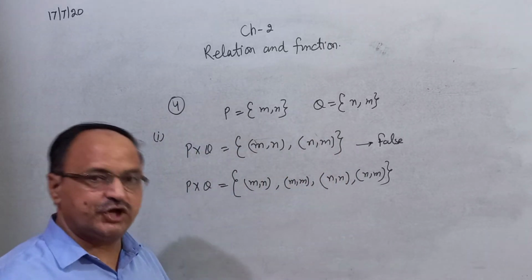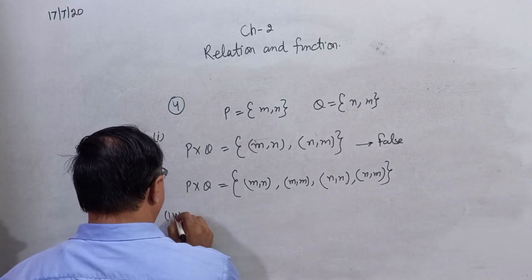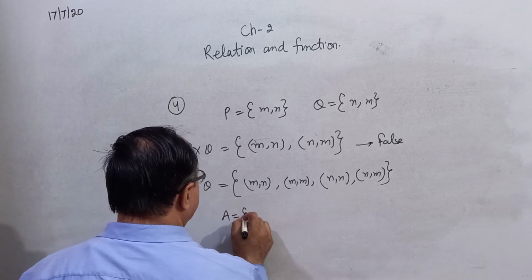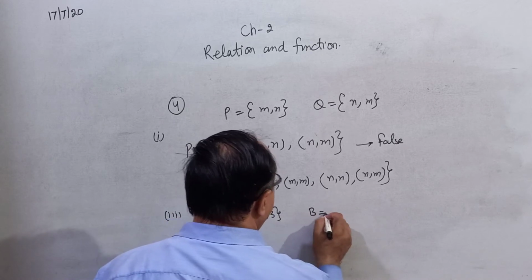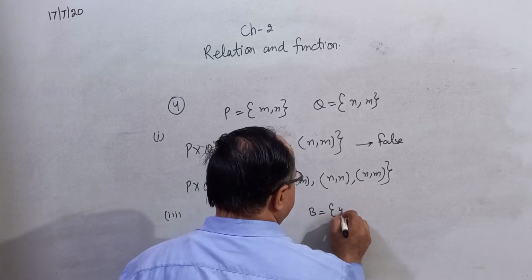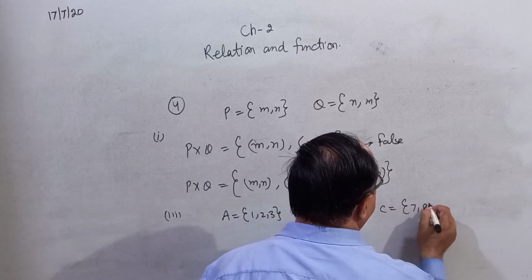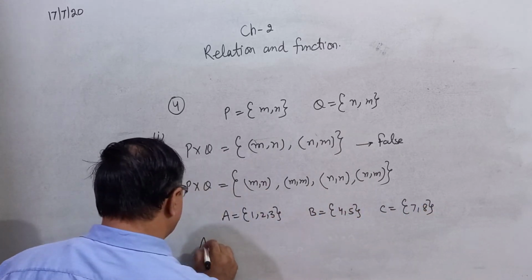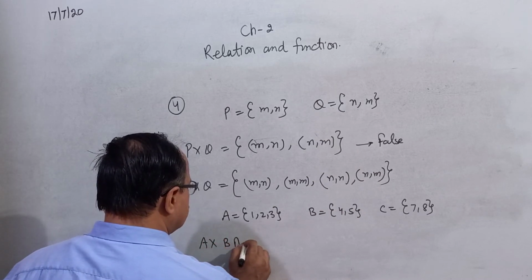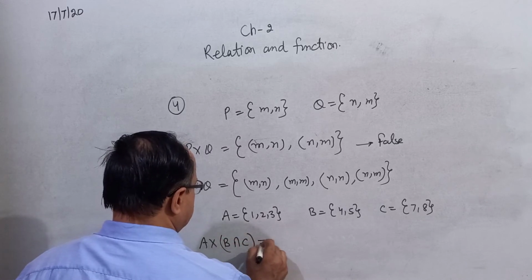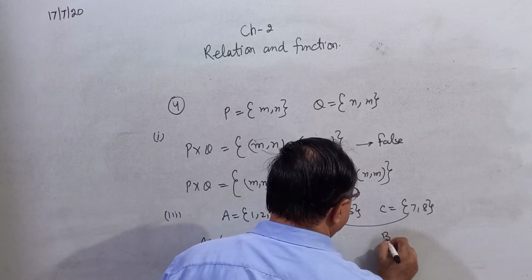It is true. Okay. And the third point, the elements of A are 1, 2, 3, the elements of B are 4, 5, and the elements of C are 7, 8, and you have to find A cross B intersection C. Can you tell me B intersection C from here?